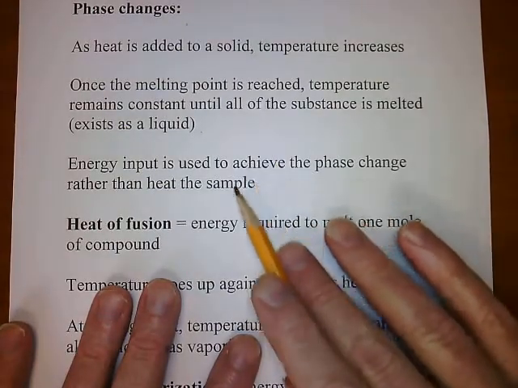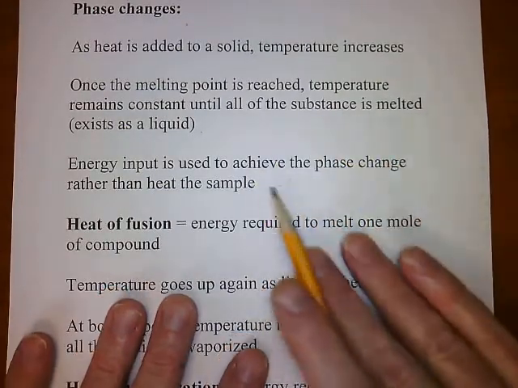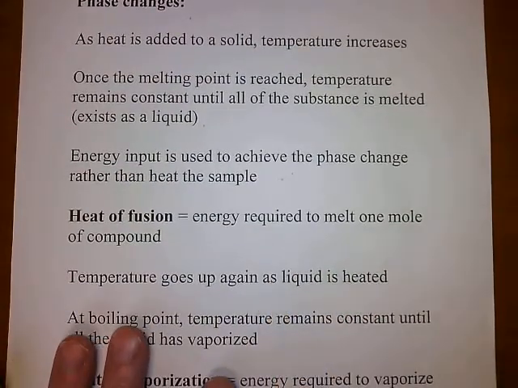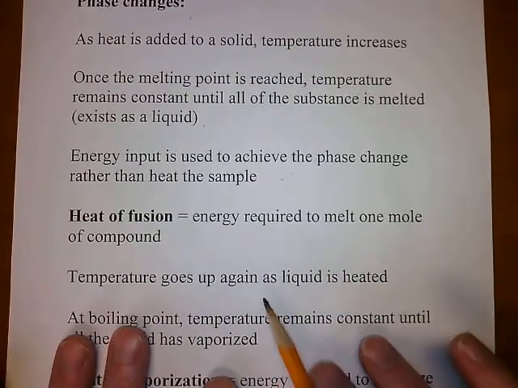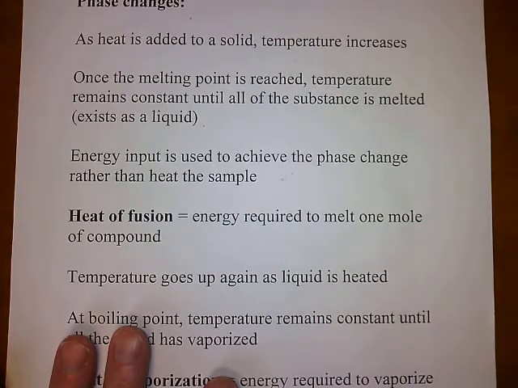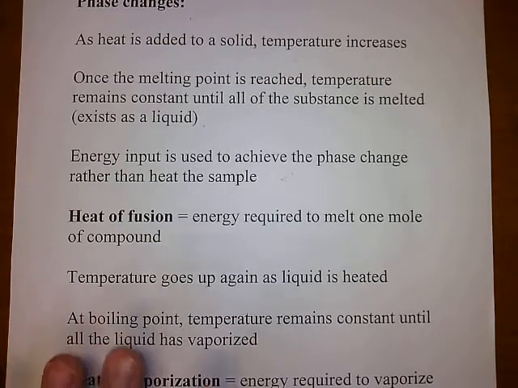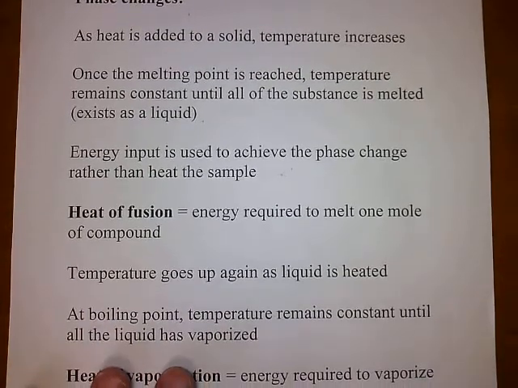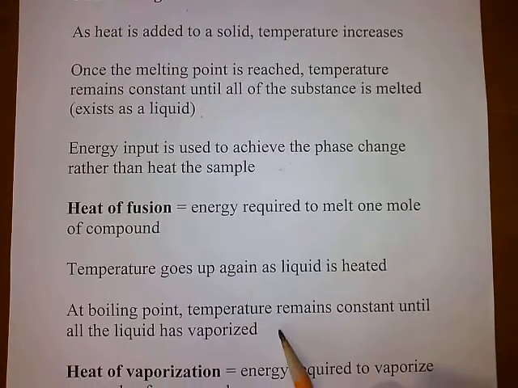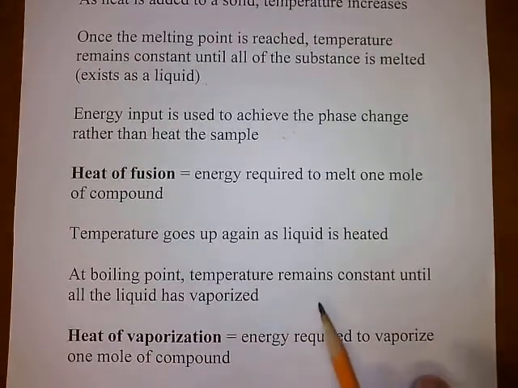Once all the substance is melted, the temperature will start to go up again, steadily, until you reach the boiling point. Then you have a second plateau where the temperature remains constant because boiling is taking place.